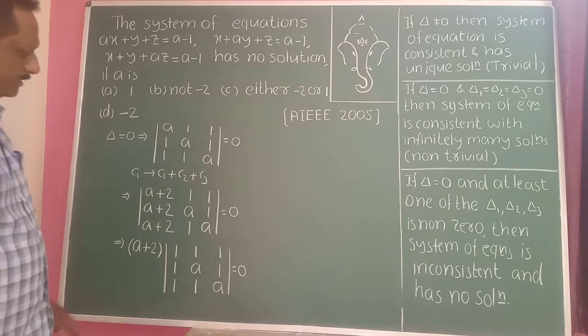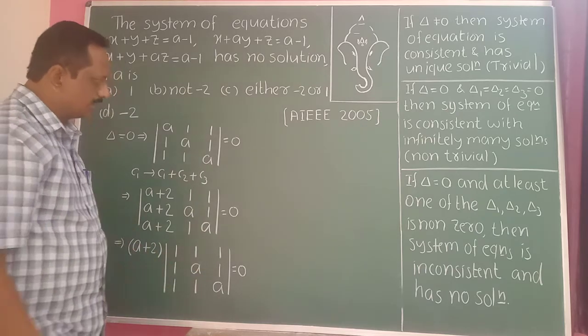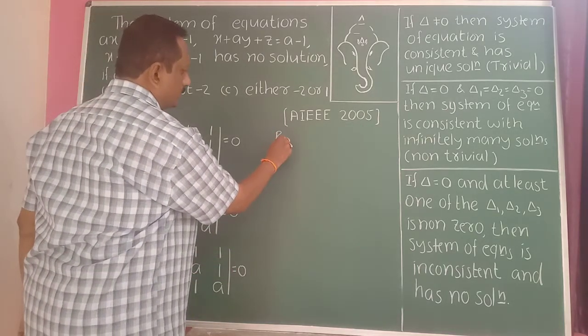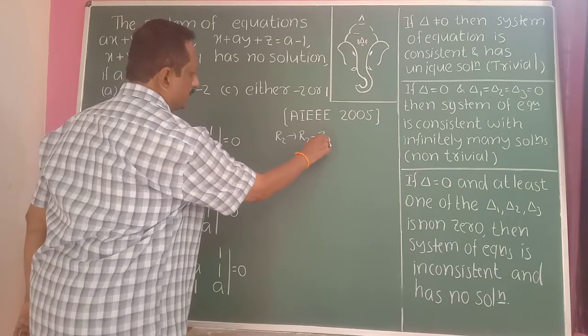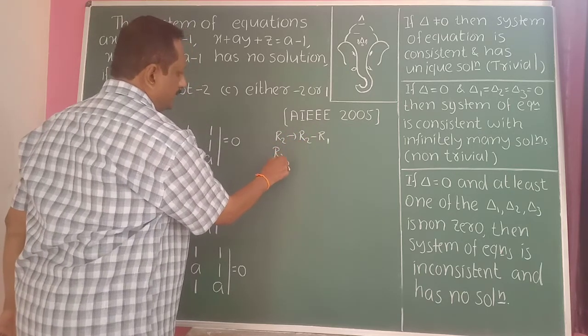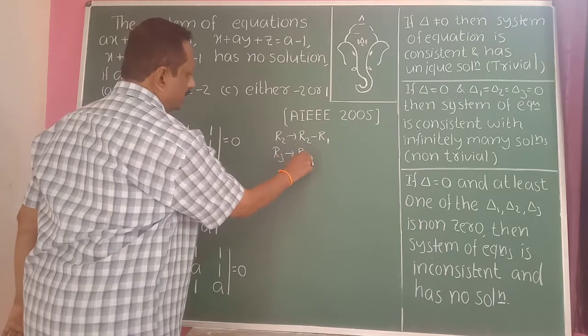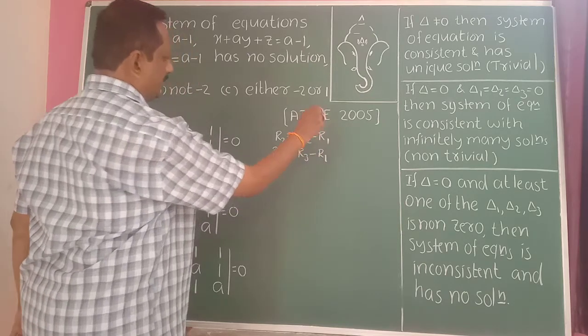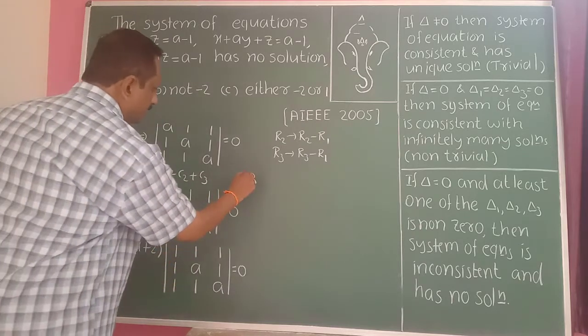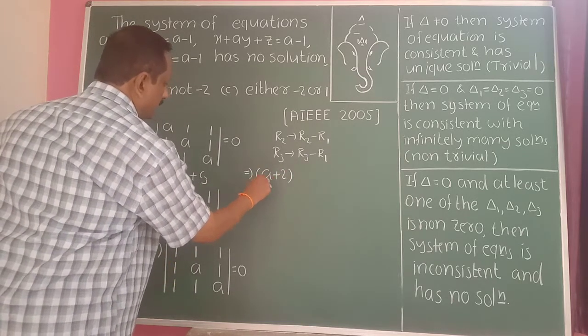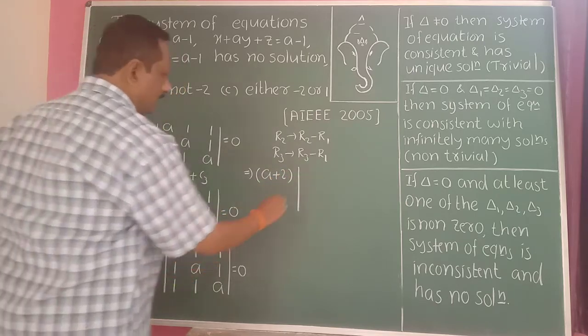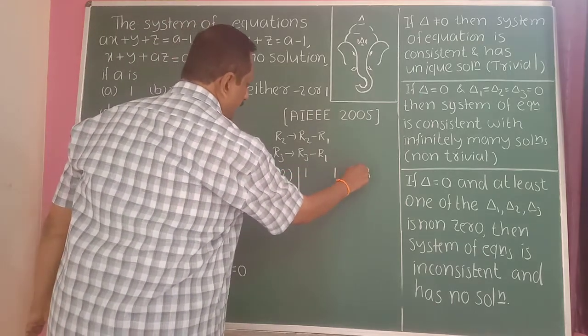Let us subtract: R2 becomes R2 minus R1, and R3 becomes R3 minus R1. So this implies A plus 2 into the determinant of 1 and 1 here.